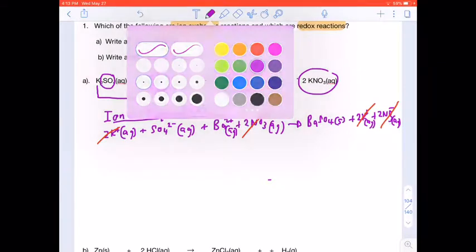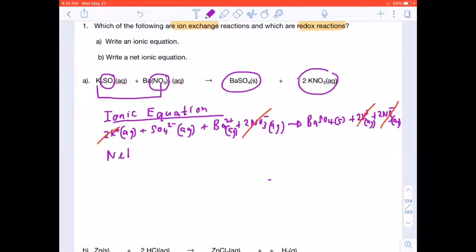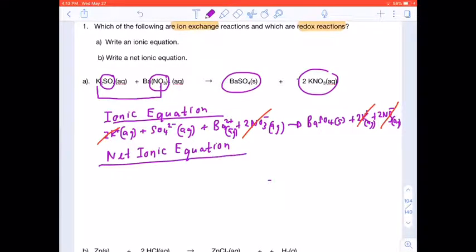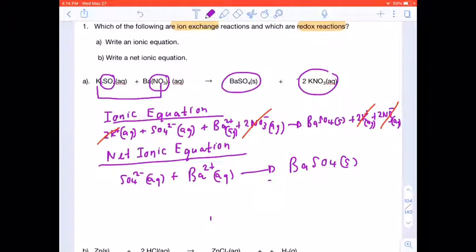So if we look at our net ionic equation, which would then be SO4 2 minus aqueous plus Ba2 plus aqueous, and what does that give us? That gives us BaSO4, the solid. There you have it.